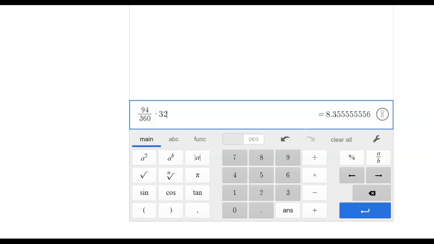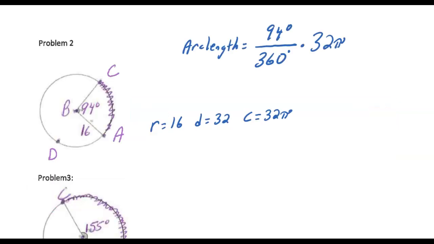Now notice we get a long decimal here, so I'm going to press the little fraction button in order to get the SAT answer. So on the SAT, you're going to see 376 over 45 pi.